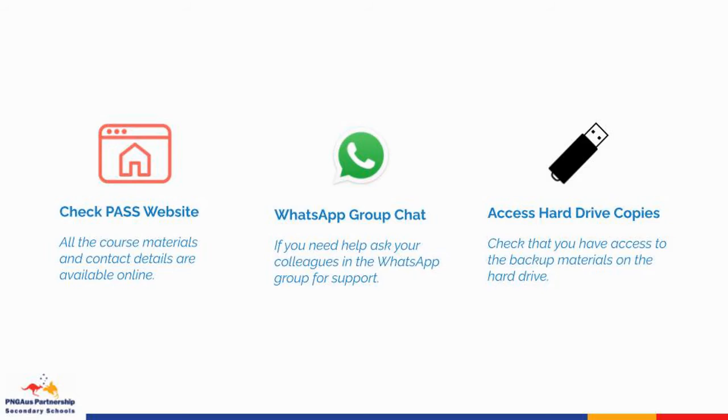In lesson 3 of the first module, we explore 3 other options. A WhatsApp group chat. If you need help, ask your colleagues in the WhatsApp group for support. Check the PAS website. All of the course materials and contact details are available online, and this includes a section that I've written on frequently asked questions about this course.